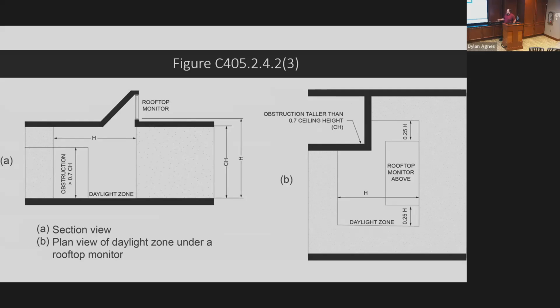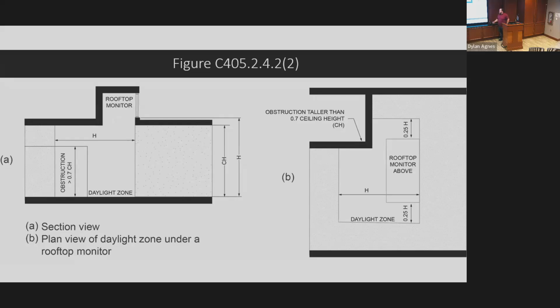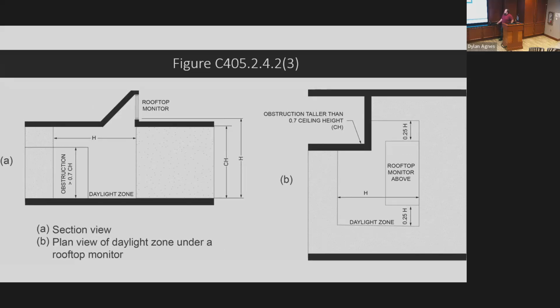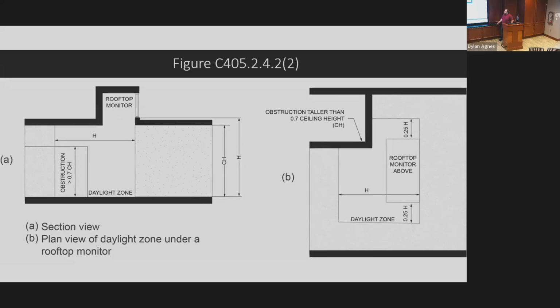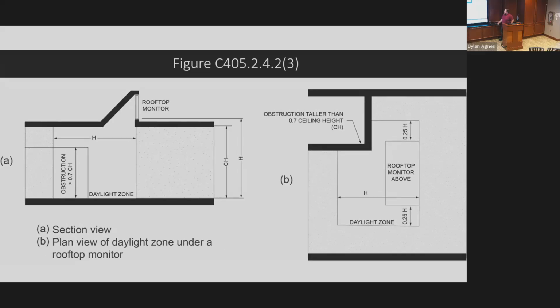Same thing, except this takes into consideration ceiling height and the actual height to the bottom sill of our rooftop monitor. And then we have 0.25 of our height determining the width for that reach of our zone. Just a small change, but basically the same thing.